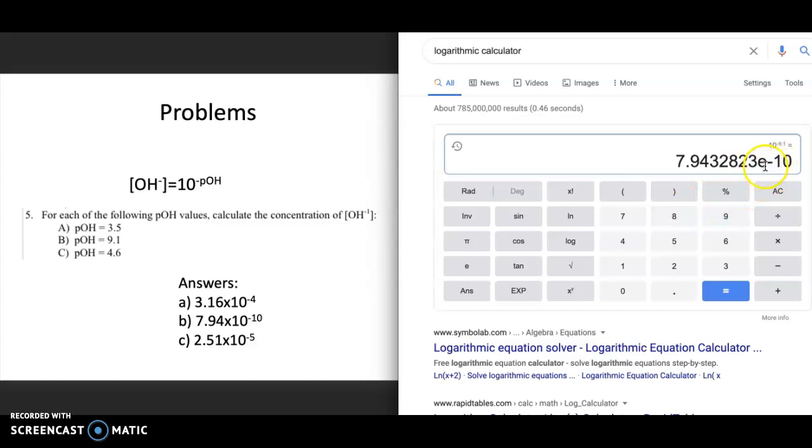I really wish they'd use the capital E here because that little lowercase e means something different. But this calculator works for what we're doing. Here I got 10, negative 4.6, and then I get this one, so move it 1, 2, 3, 4, 5 spots, 2.51 times 10 to the negative fifth. That's what I have there for my answers.